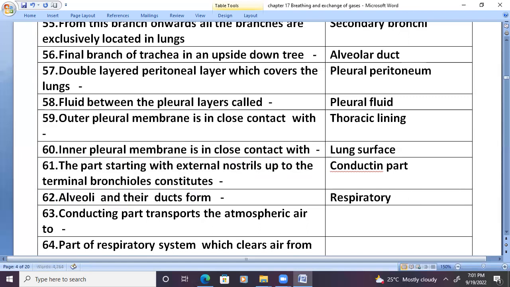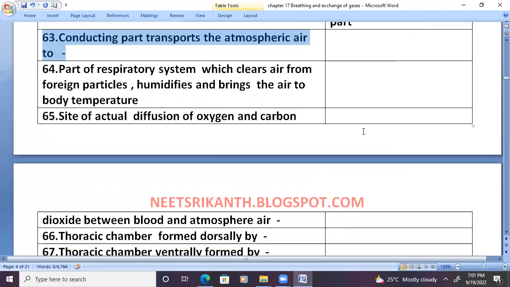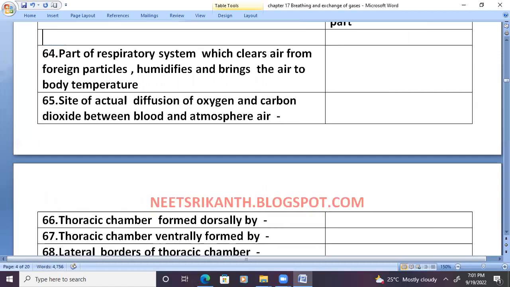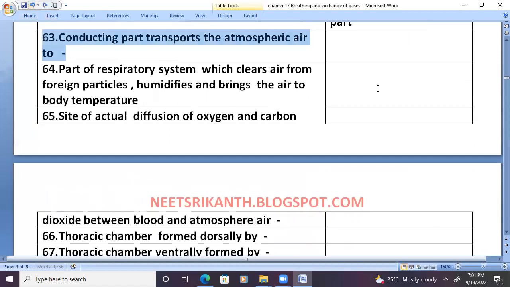The conducting part transports atmospheric air to the alveoli. It is the part of the respiratory system which clears air of foreign particles, humidifies it, and brings it to body temperature.